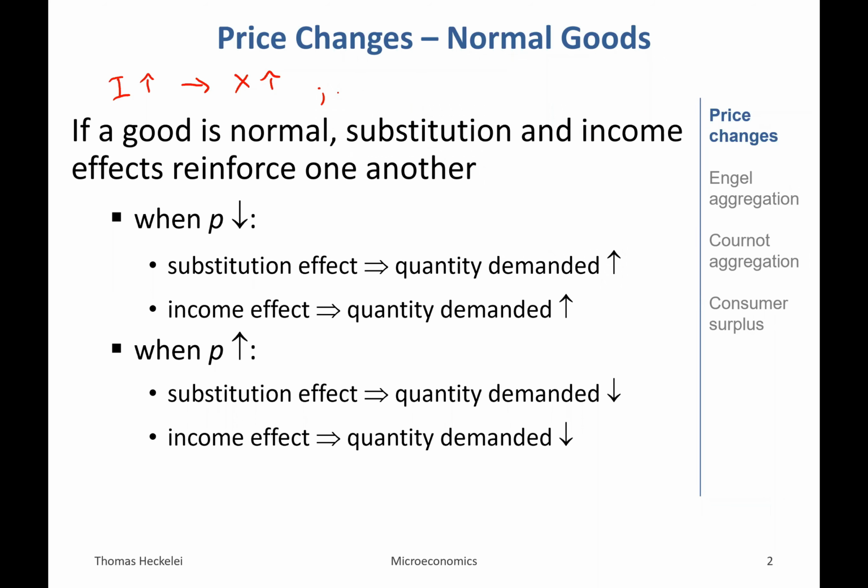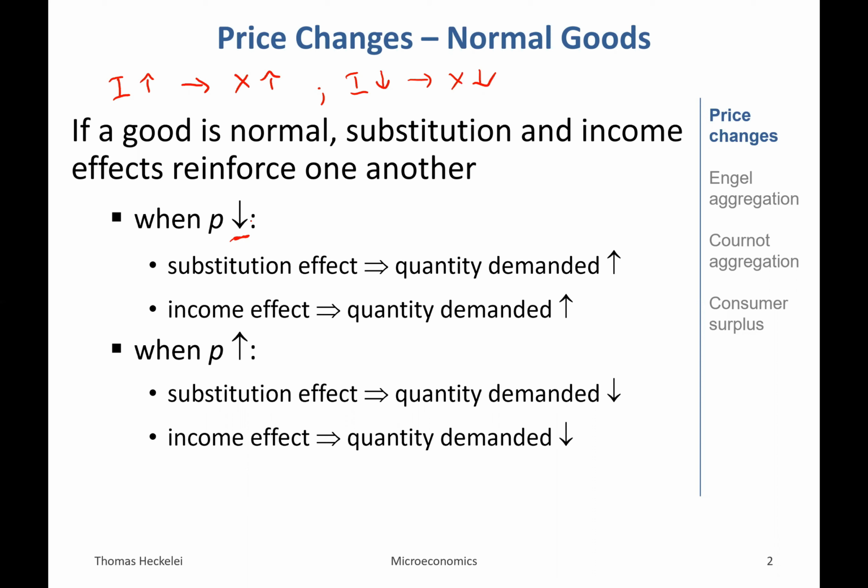On the other hand, if you have less income, then you consume less. That's a normal good. And it's actually consistent with what we learned from our introductory microeconomics class, right? Normal case.